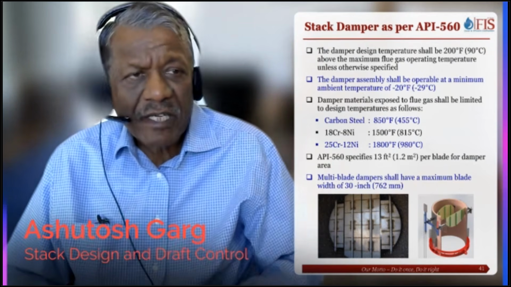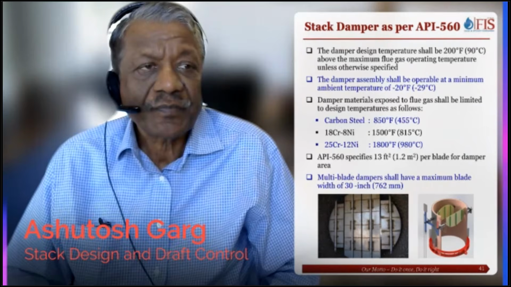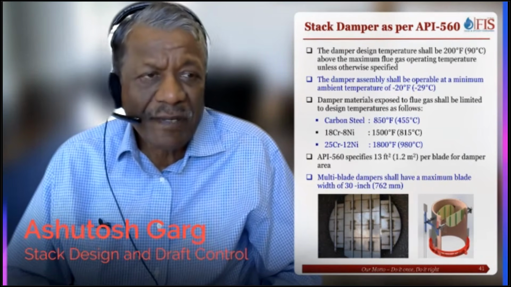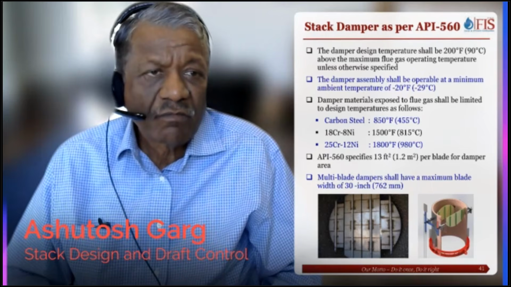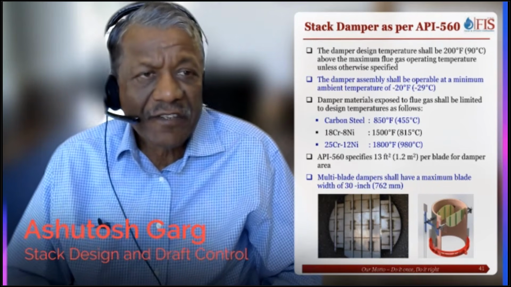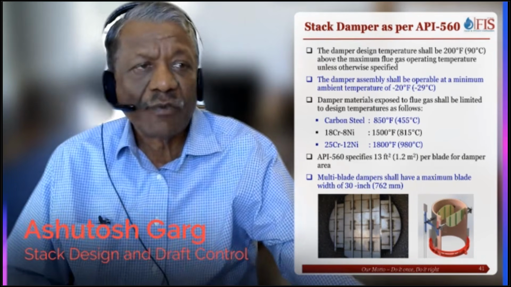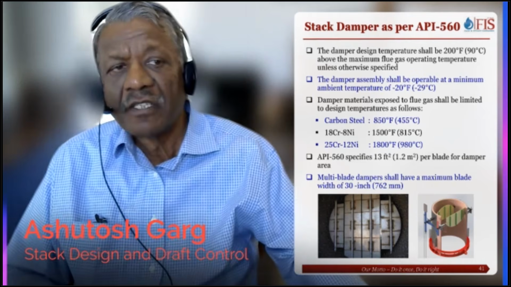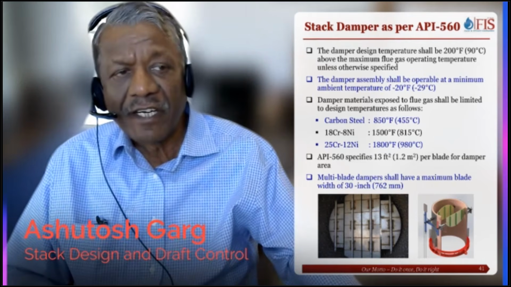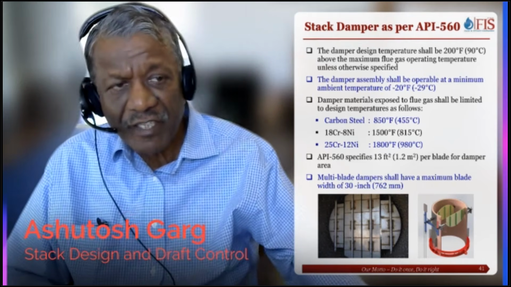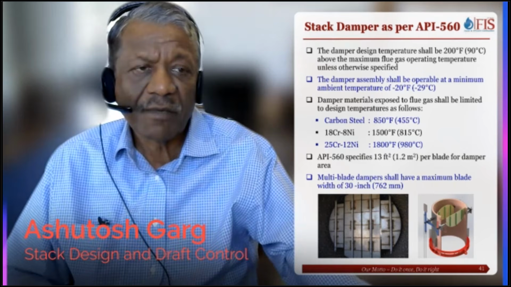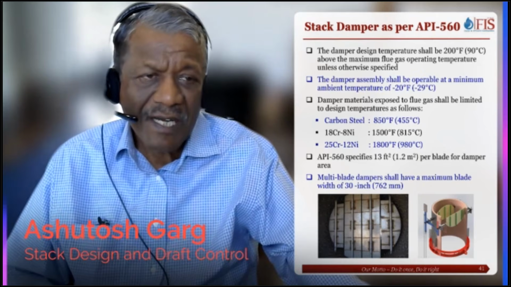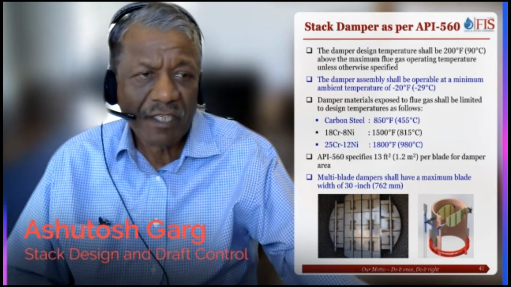Here are some points my team has put from API 560 recommendations for stack design. Damper design temperature shall be 200 degrees higher than the maximum flue gas operating temperature. The damper assembly shall be operated at a minimum temperature of minus 20 degrees F. There are recommendations for carbon steel, although most people go with a stainless steel damper; I have never seen a carbon steel damper.